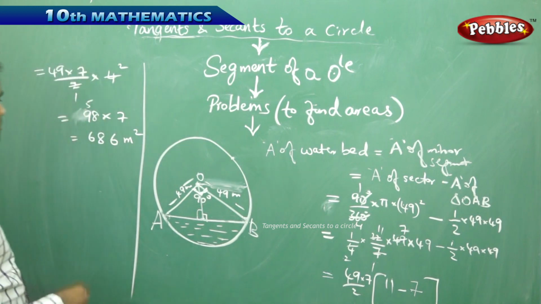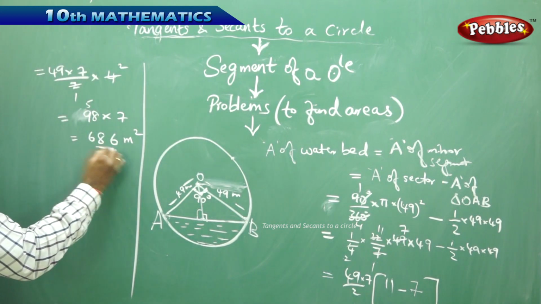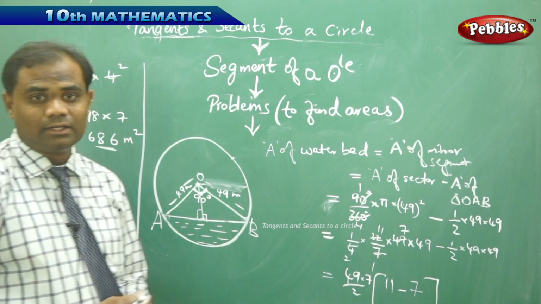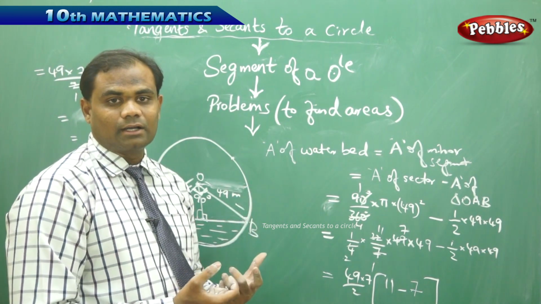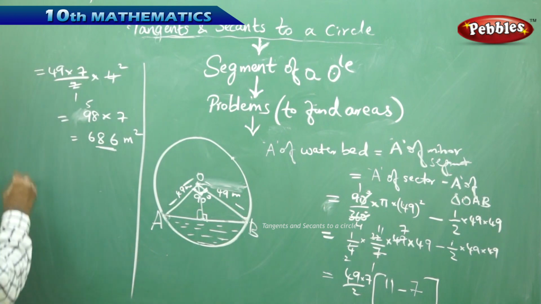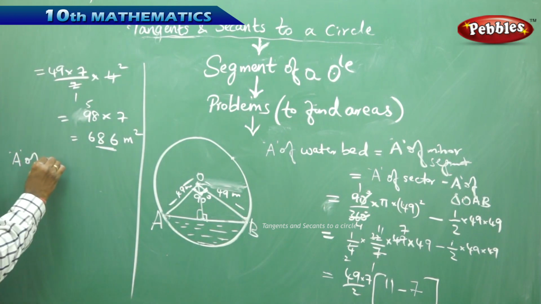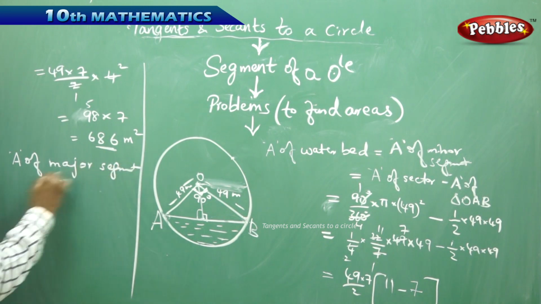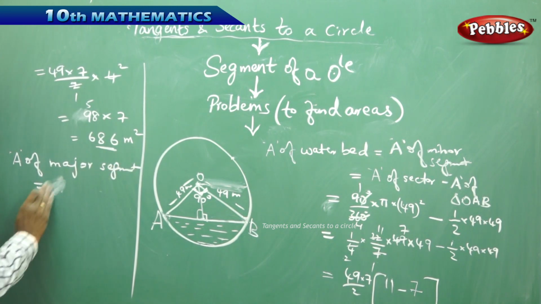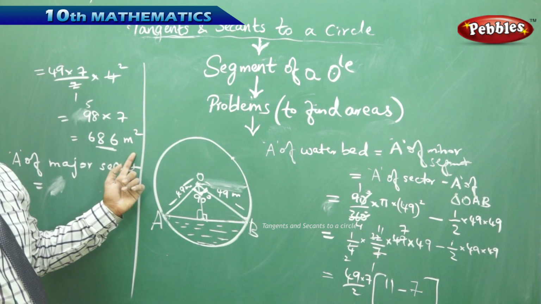Now, the area of waterbed is 686 meters square. Therefore, the area of the circular park which is not covered by waterbed, which is the area of the major segment, is to be found indirectly as area of circle minus area of the waterbed.